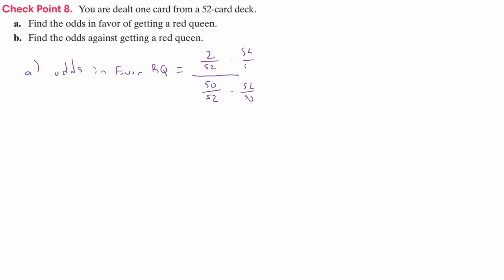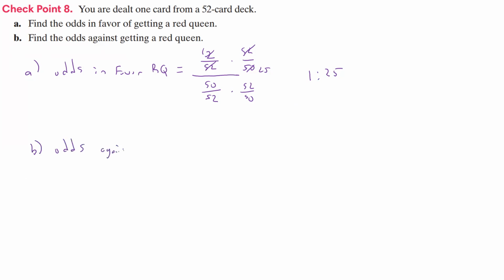Those cancel. We can reduce, that's 25. So it looks like 1 to 25 is going to be our odds in favor of getting a red queen. So not too good.